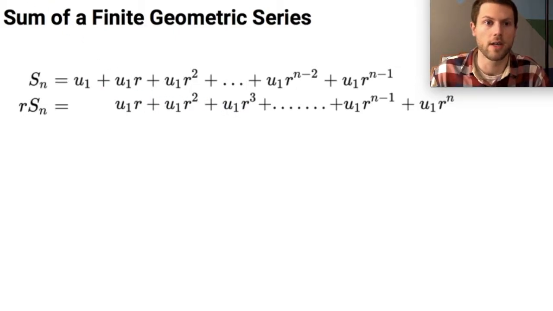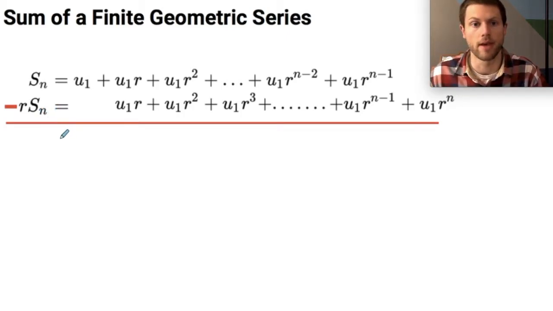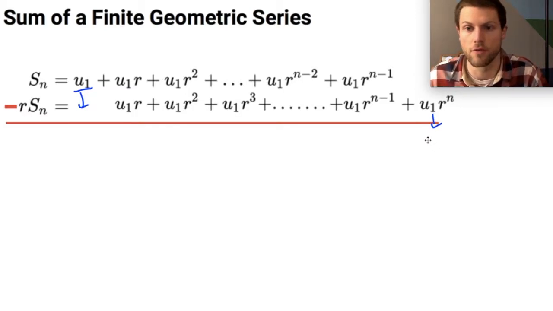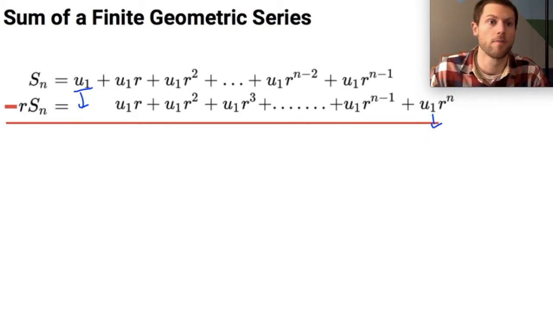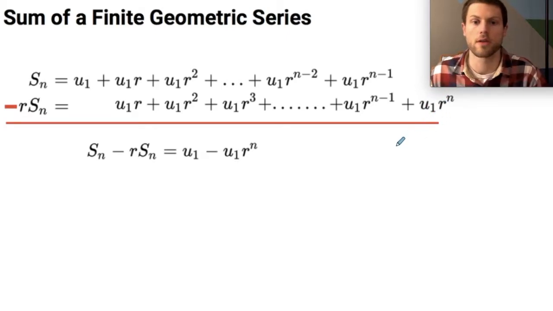Now if I subtract this r times S sub n, I get something nice going on: all these middle terms cancel. What's left is this u sub 1 and the subtraction of u sub 1 r to the n. So on the left side, when I subtract, I get S sub n minus r S sub n, and that's going to equal u sub 1 minus u sub 1 times r to the n.